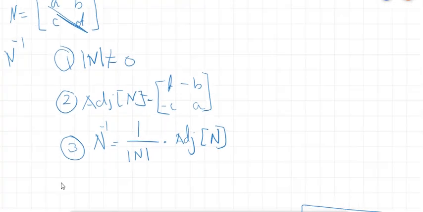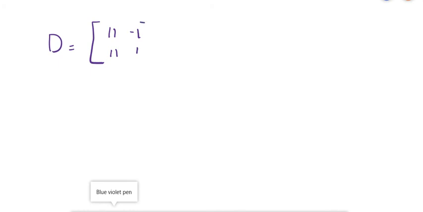Now let me give an example to find the inverse of a matrix, for example D. If D is equal to 11, minus 1, 11, 1, then we want to find the D inverse. There are 3 steps.